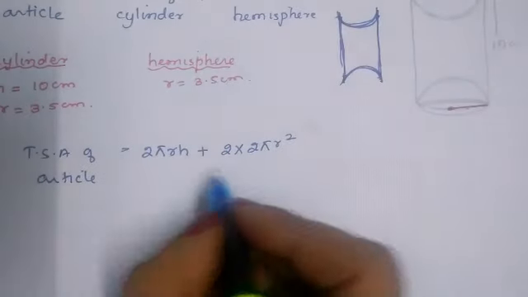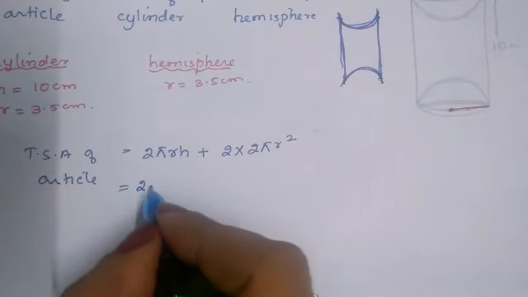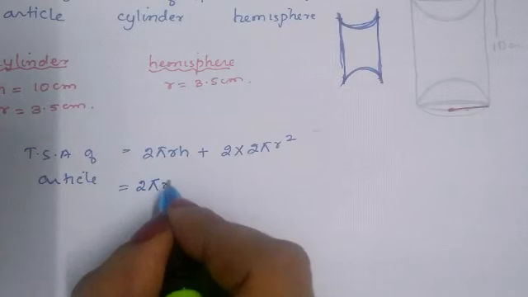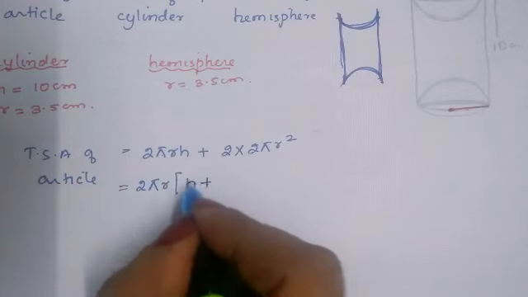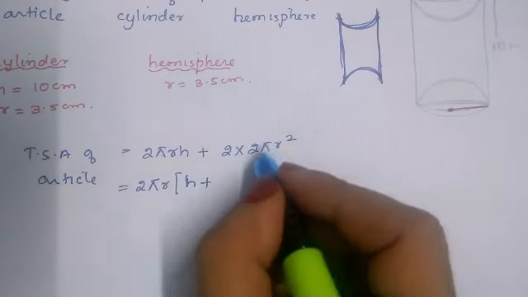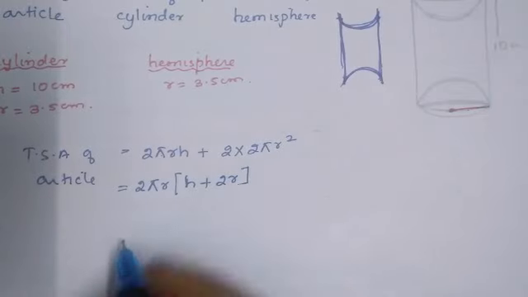Okay. Now we can see 2 is common, pi is common and R is common. Let us take 2 pi R common. What is left? H is left. Plus 2 is common, pi is common, 1 R is common. 1, 2 and 1 R will be left out.